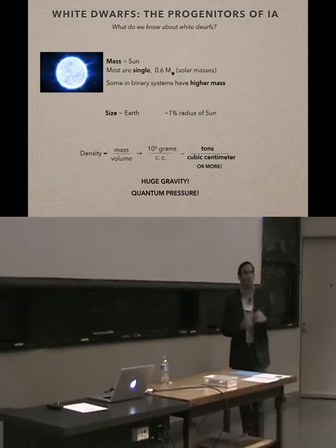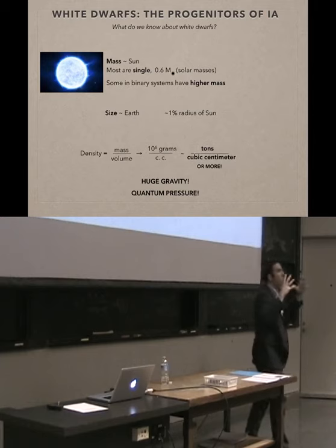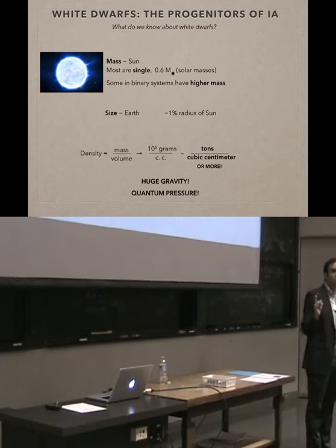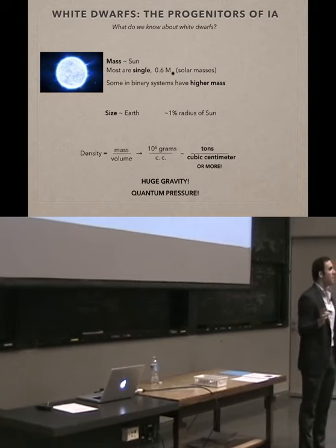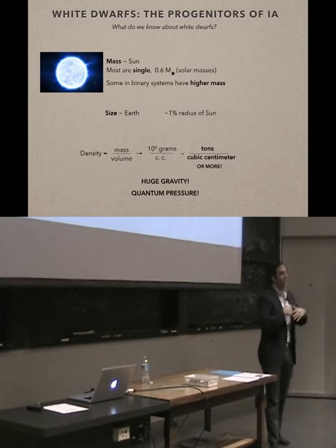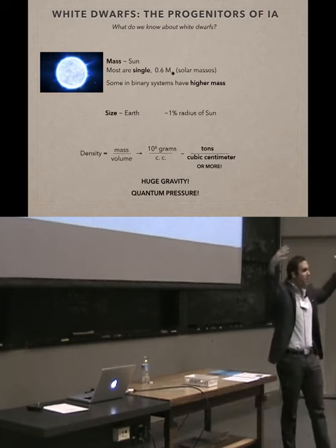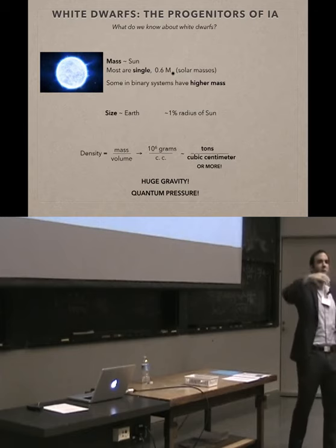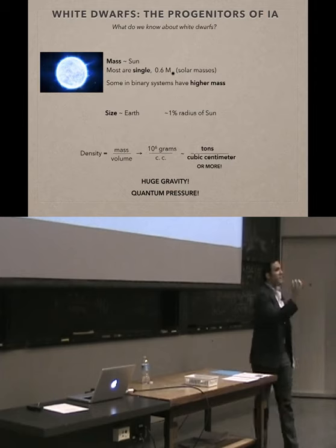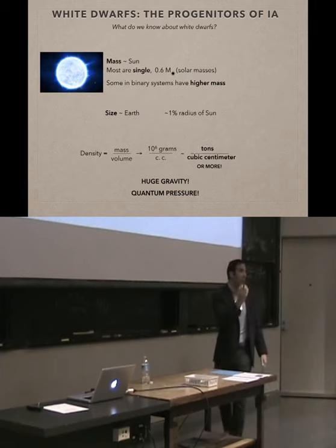A brief reminder: a white dwarf is the compact remnant core of a low-mass star. And again, when I use the term low-mass star, I'm talking about a star with a mass less than about 8 times the mass of the sun. Eventually, like our sun, when stars evolve, they become red giants, they eject their outer layers, and what's left is a compact, bright, dense core, which we call a white dwarf.